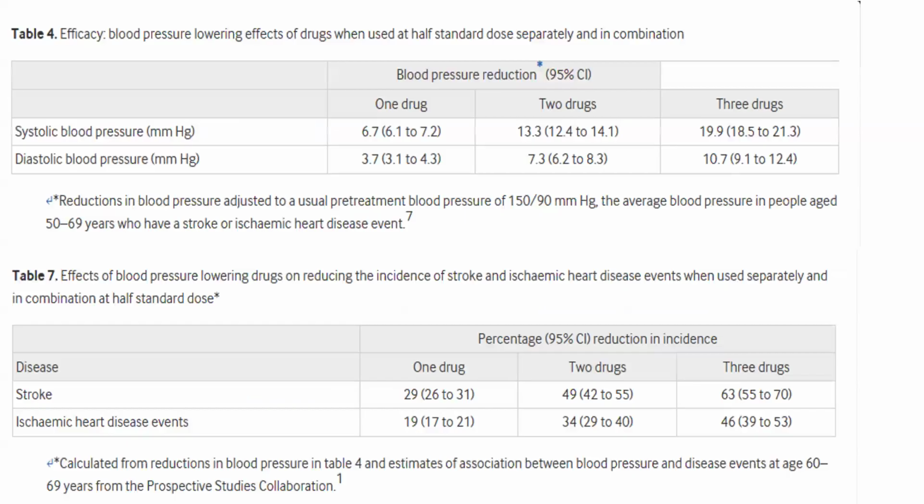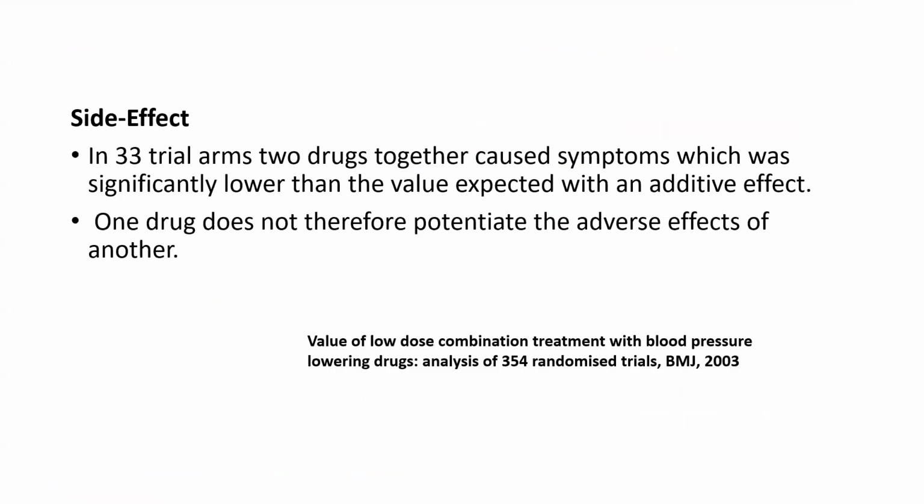And as well regarding triple drug, the blood pressure reduction is greater with 3 drugs as compared to 2 drugs, and 2 drugs is better than 1 drug therapy. And regarding effects of blood pressure lowering on incidence of stroke and ischemic heart disease, 3 drugs bring about a lower cardiovascular disease risk as compared to 2 drugs, and 2 drugs are better than 1 drug.